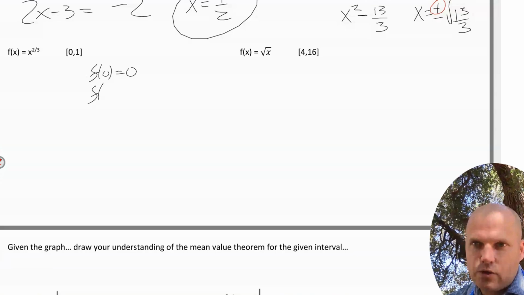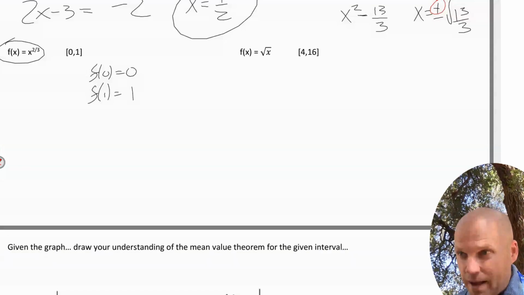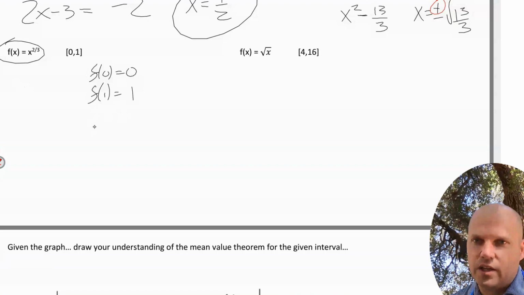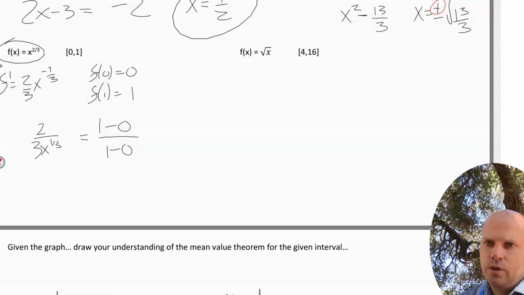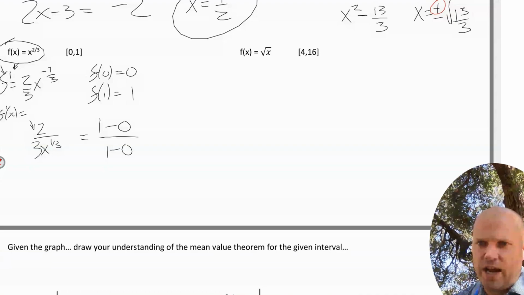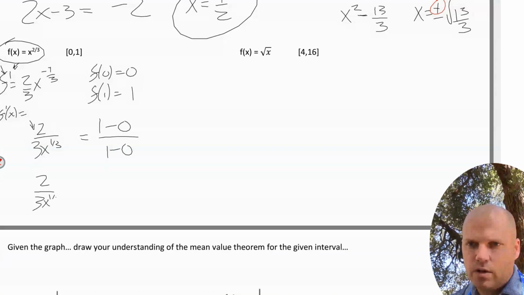Get to y values. Remember, y's come from original equations. Remember, m's come from slope equations. So the average rate of change produces an m over an interval, which is 1. The instantaneous rate of change is found using our slope equation. Slope of f at any x equals 2/3 x to the -1/3. Here's the slope of f at any x, guaranteed to have an x that equals that secant slope of 1 in the interval.